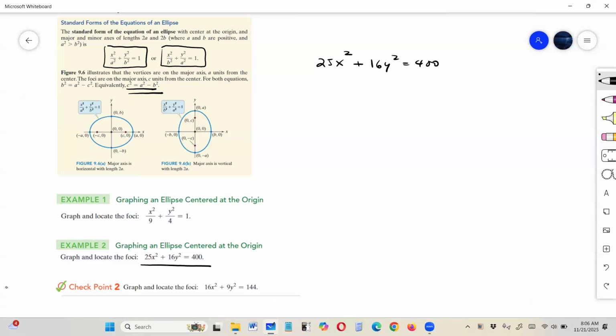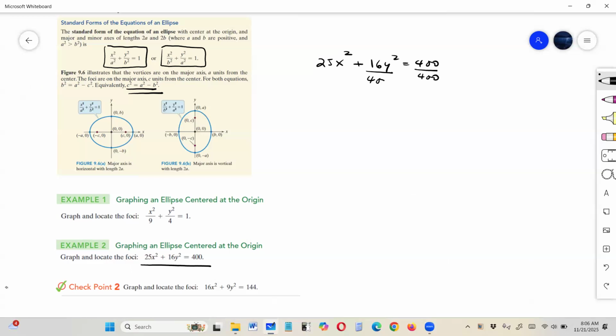Now, this example is very easy, and it serves just as a stepping stone into the type of problems that we need to do. So you have this equation, and you should be able to determine that this is not a circle because the coefficients are different, which means then it's an ellipse, right? Because that's the one that has similar equation to the circle.